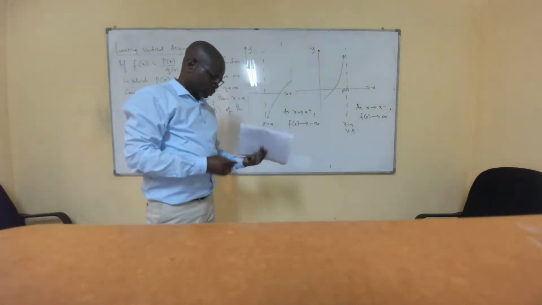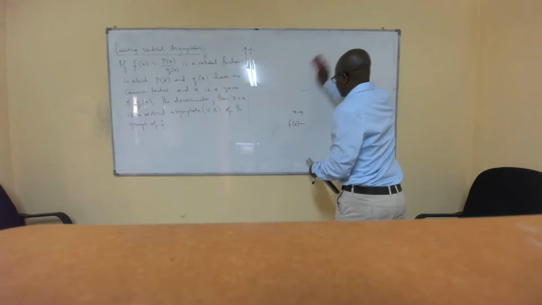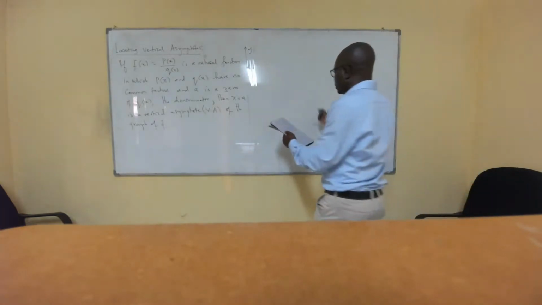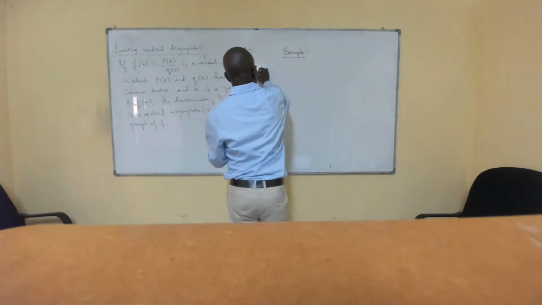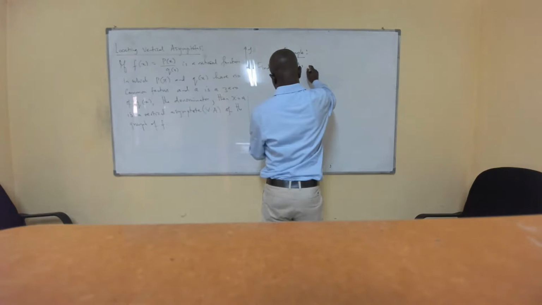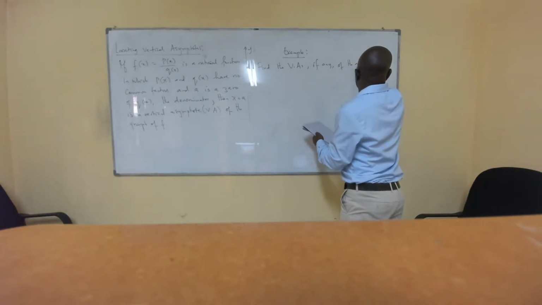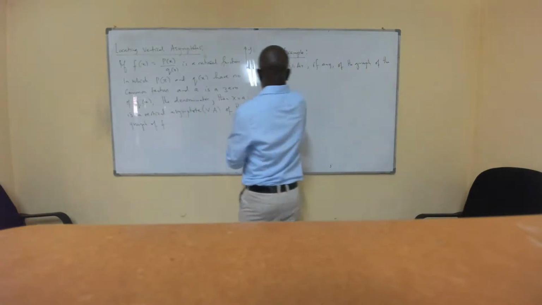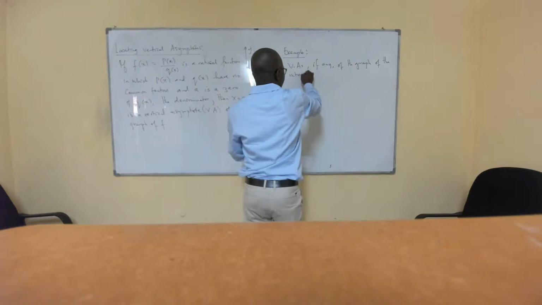Example, we can quickly look at some examples. Find the vertical asymptotes, if any, of the graph of the following rational functions.